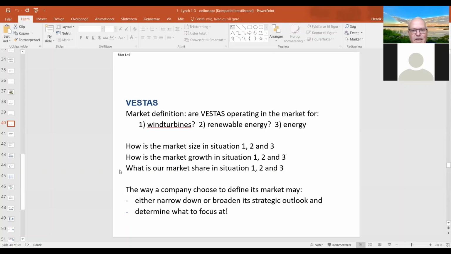So as a company, it's very important that we narrow down or broaden our strategic outlook, because that helps us to figure out what we focus on. And it's pretty simple, I guess, because if you can understand something and you can imagine something, you also start to focus on it. But if you cannot imagine, and if you are not thinking of, for example, energy as the market you are operating in, then you don't see it.